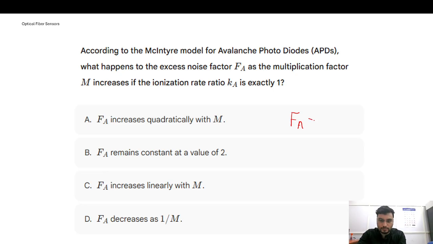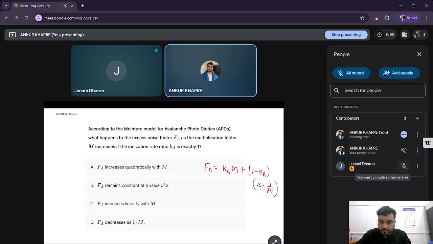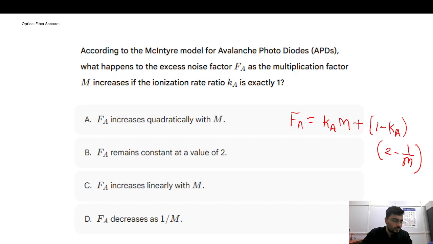Fa is equal to Ka M plus (1 minus Ka) (2 minus 1/M). If Ka is exactly 1, then what will happen to Fa? Janani, please tell.